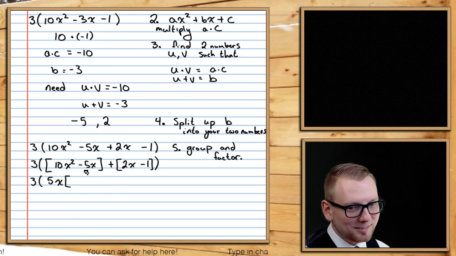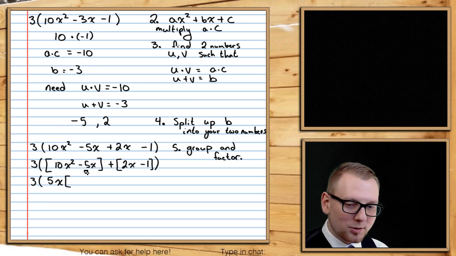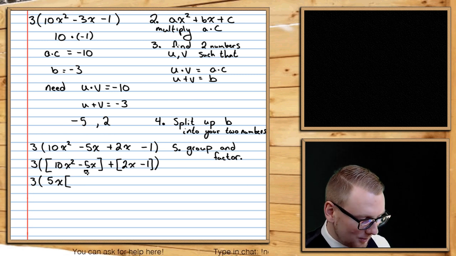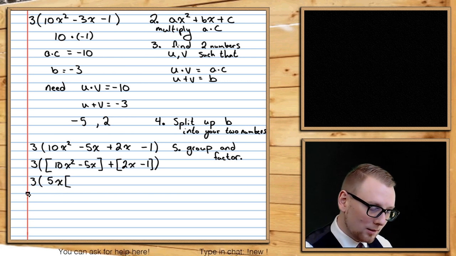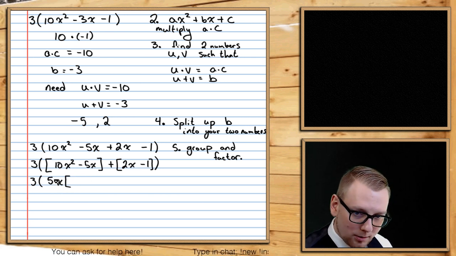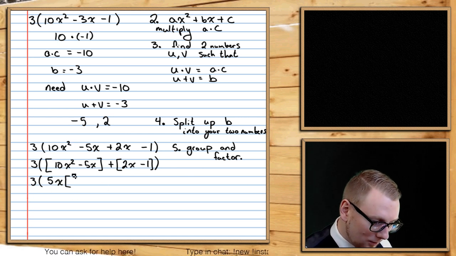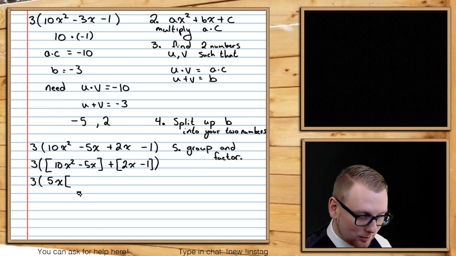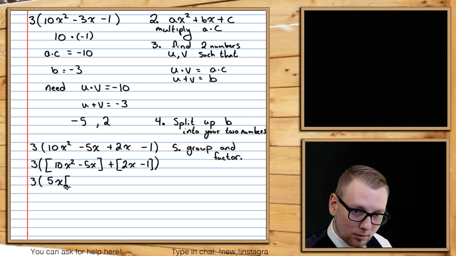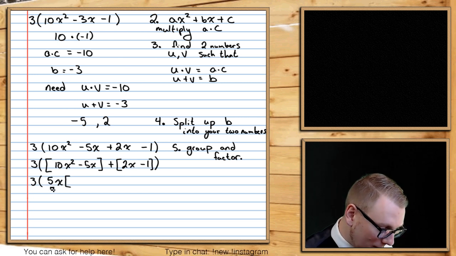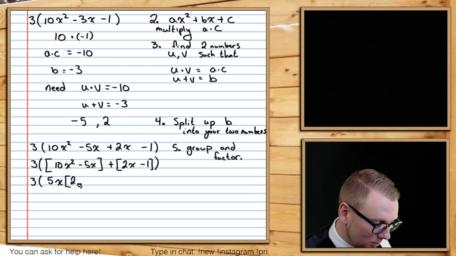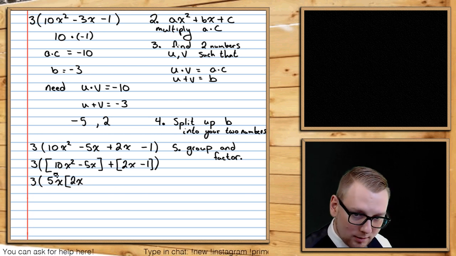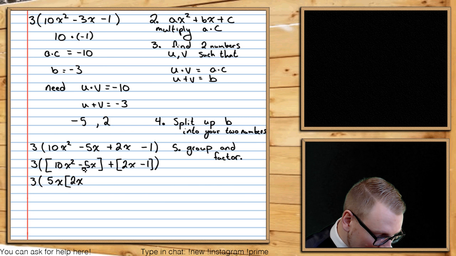Not quite. Remember, when you take out the 5x, whatever you have on the inside has to multiply back in to give you this 10x squared minus 5x. So if we multiply the 5x back in, we need to have just a 2x, which is right. But then to get minus 5x, we need to subtract 1.